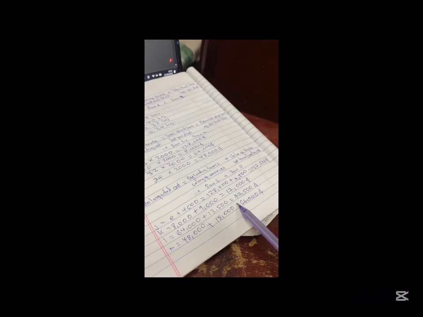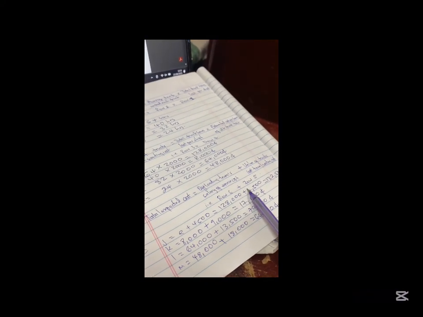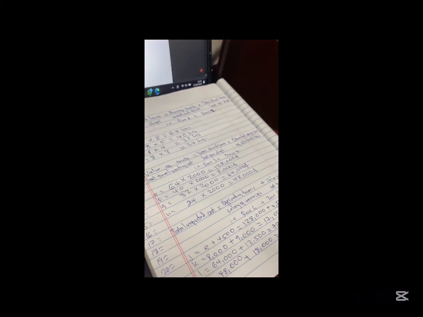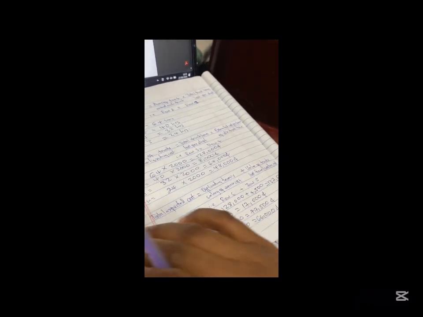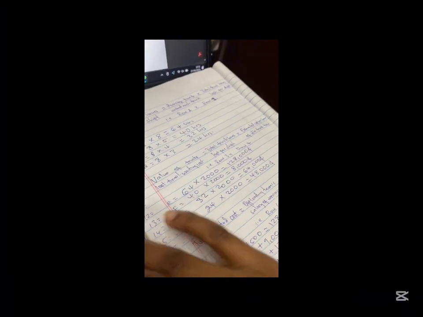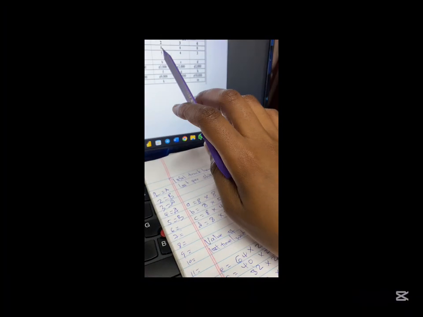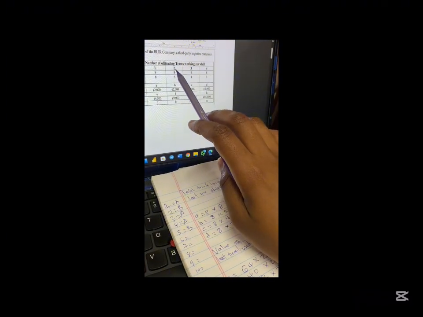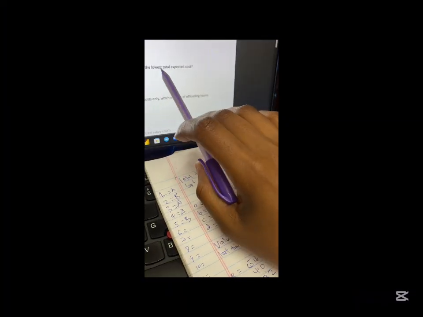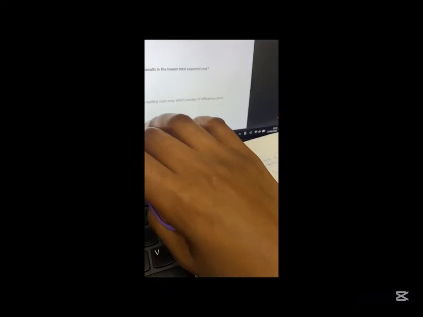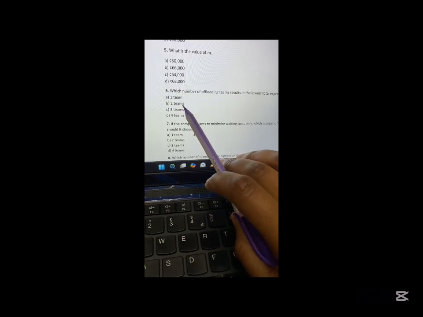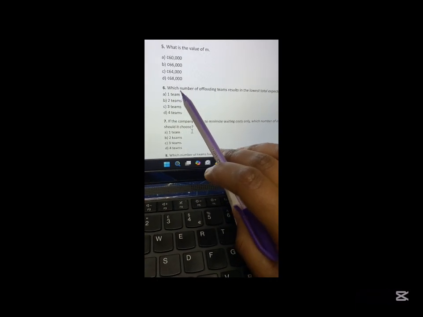So which one was the lowest? It was 66,000, and 66,000 was value M, and from our table, the value M was under 4 teams. So the number of offloading teams that resulted in the lowest total expected cost is 4 teams. So the answer here is D.